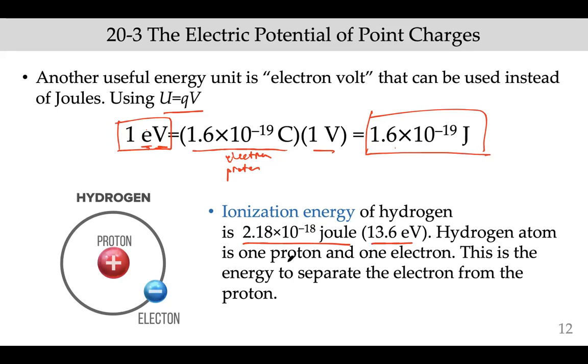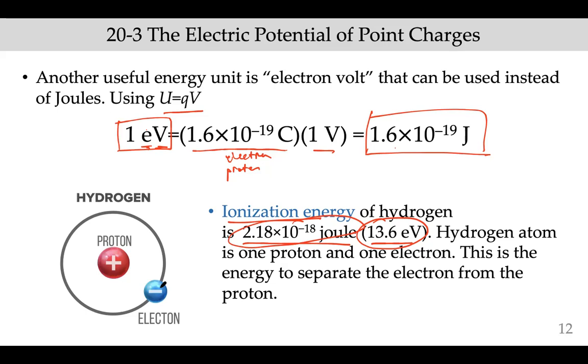A hydrogen atom is 1 proton and 1 electron, as you can see here. This is the ionization energy, which is here, or if you want it in joules, it's here. This is the energy to separate the electron from the proton.